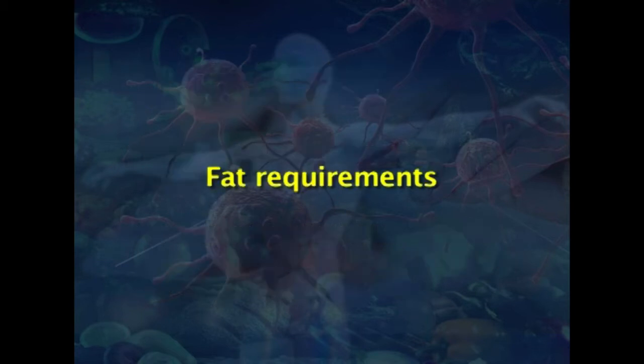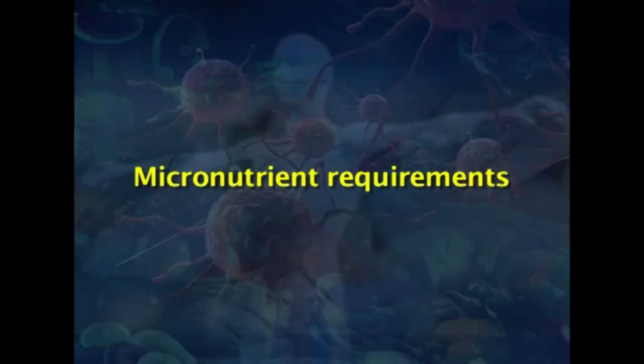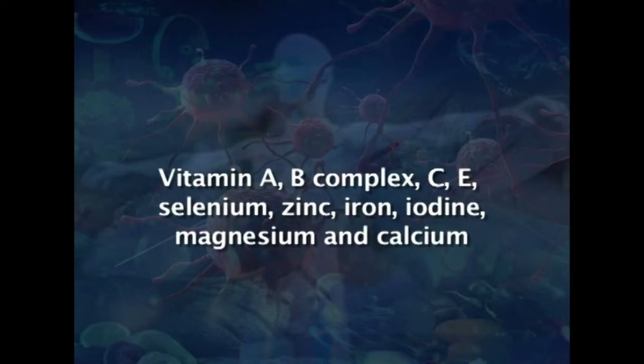Fat requirements. As per WHO, the RDA for HIV non-infected person is 30% of the total energy needs. Micronutrients. Deficiencies are common in HIV, especially vitamin A, B complex, C, vitamin E, selenium, zinc, iron, iodine, magnesium, etc. Calcium is strong for immune system.